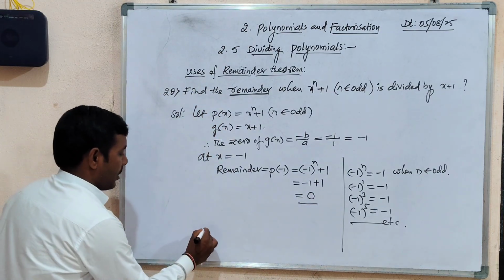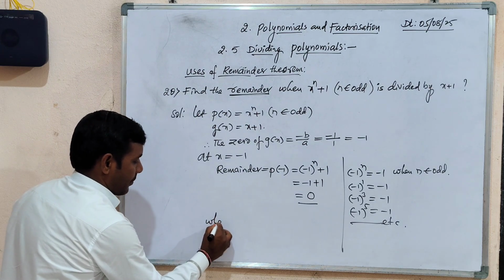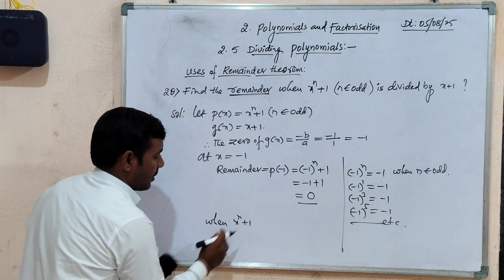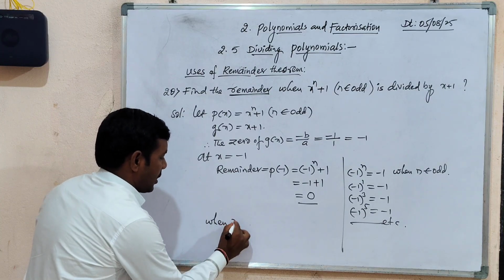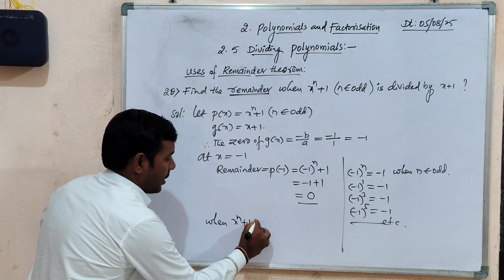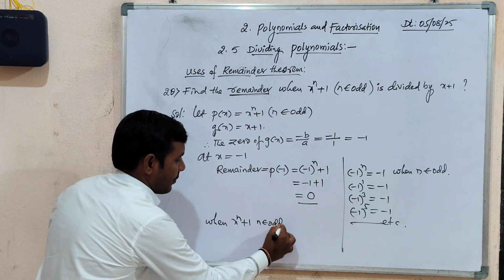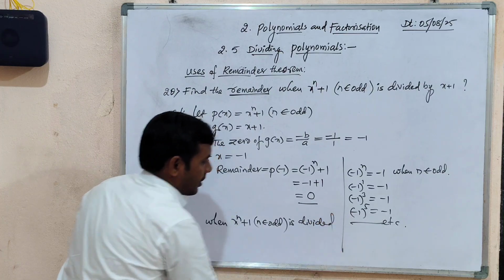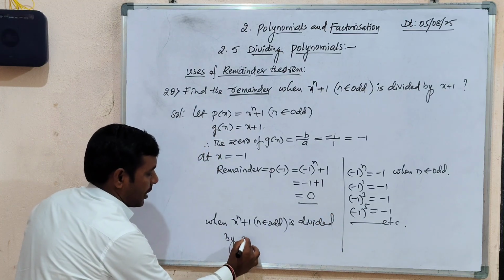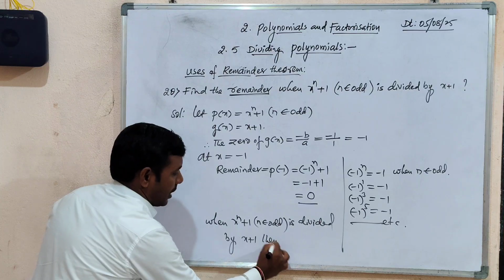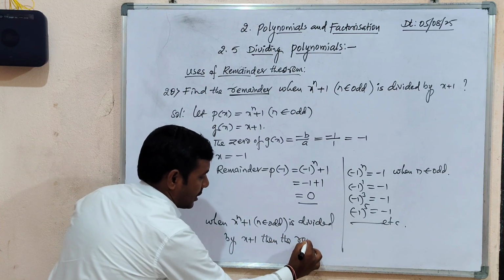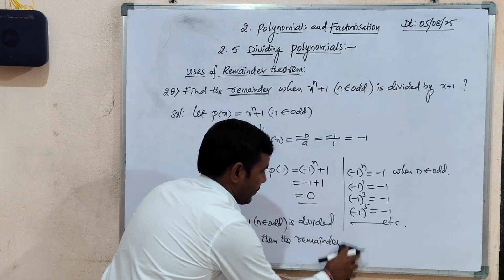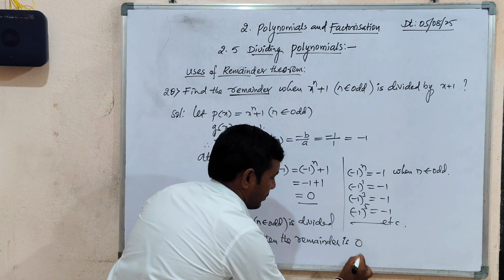This means when x power n plus 1, where n is odd, is divided by x plus 1, then the remainder is 0.